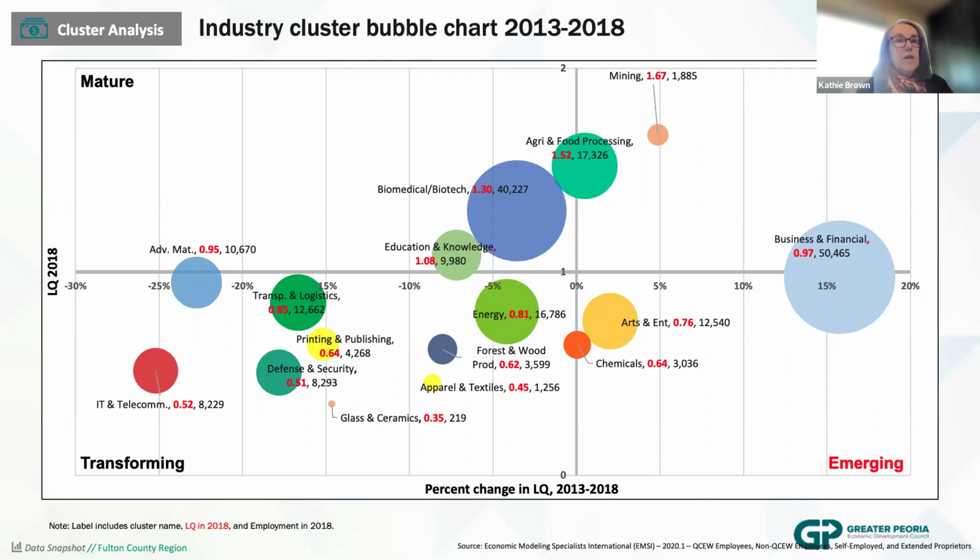The other value in taking that bigger picture view is that it correlated really nicely in terms of data for our community college board. They were able to take this labor shed study and look at where they wanted to invest in terms of new training and opportunities. So data is a really critical piece.